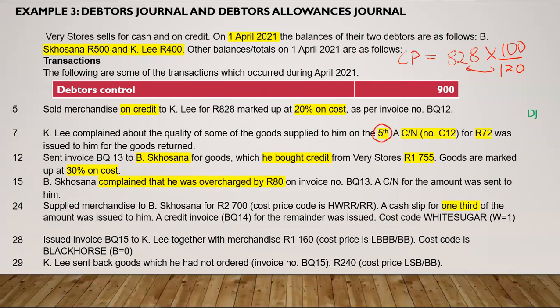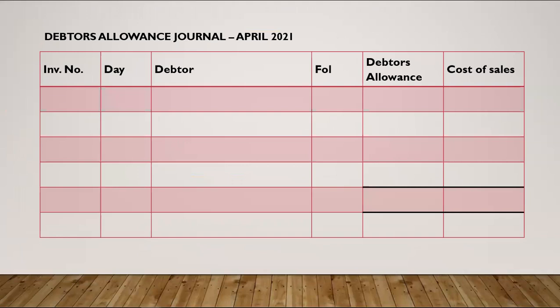Because on the 3rd, we used the markup of 20%. So we know that this will go to DAJ. I will have C12, day will be the 7th. Data is Kaylee.